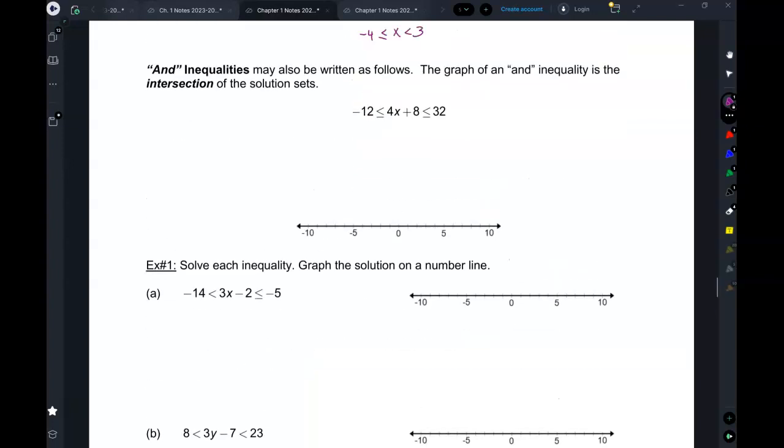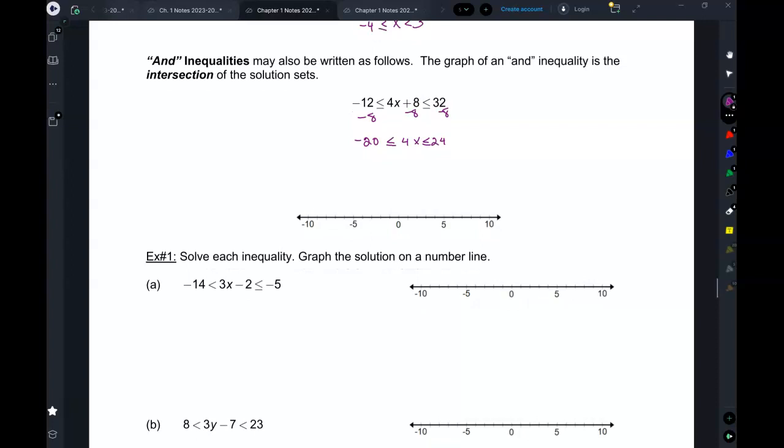So here's another example of an AND inequality. To solve it, I need to isolate x. So I subtract 8. I get -20, 4x, and 14, right? 24, oh my goodness, thank you. So now I'm going to divide everything by 4.